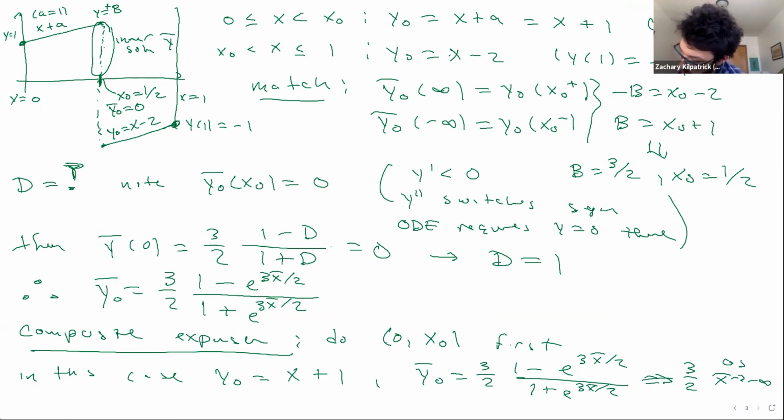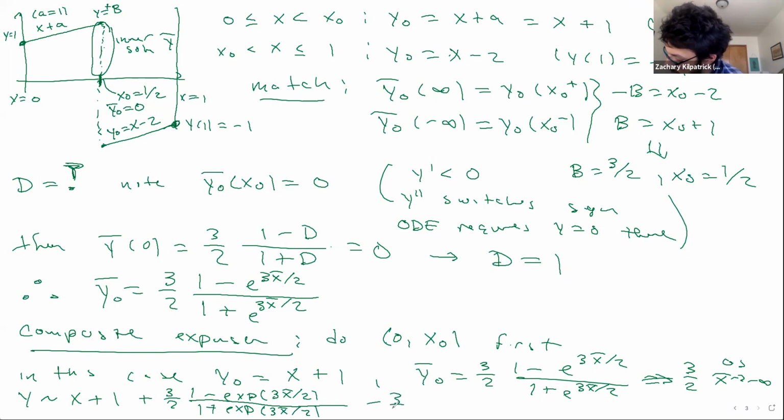So I can subtract off that additional 3 halves. So we get that y is approximated by x plus 1 plus 3 halves times (1 minus e to the 3x bar over 2) divided by (1 plus the exponential of 3x bar over 2) minus 3 halves.